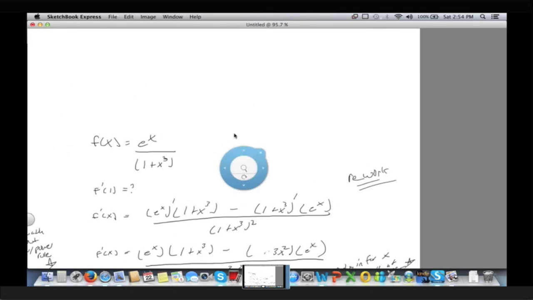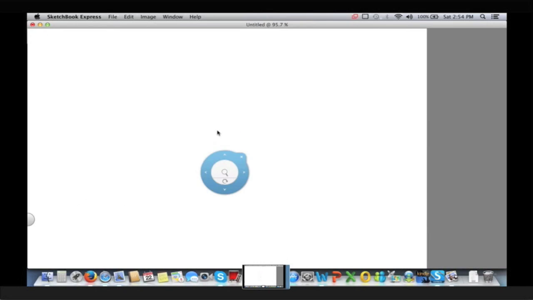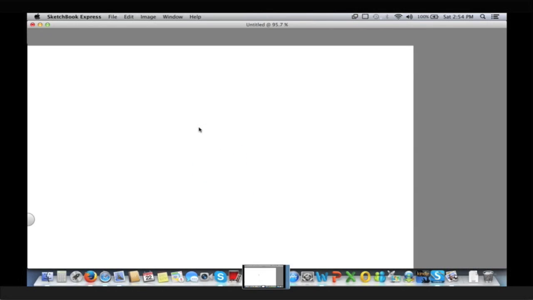Okay, so let's see. All right, so let's write f of x equals 1 over cube root of x. And let's figure out f prime of x.